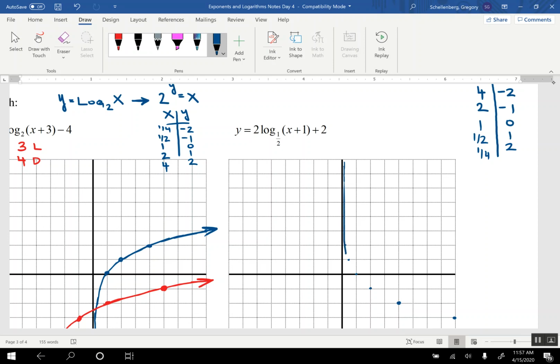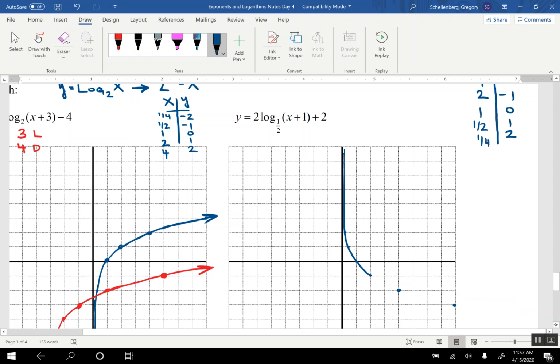Connect these dots. Okay, so there's our parent function, log base 1/2 of x.